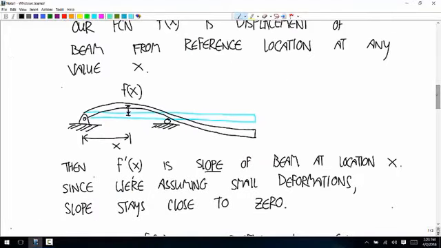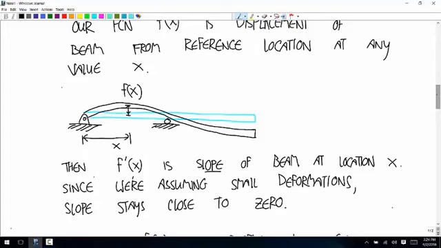I don't have a picture of a fixed joint here, I have a pin, but for the deflection, it works the same as at the pin. This beam being attached to that pin says that right at that location, that beam can't move at all. If you move away from the pin, these all have non-zero deflections, but at the pin, that deflection is fixed. Okay, so that's how at a fixed joint we know that V is equal to 0.